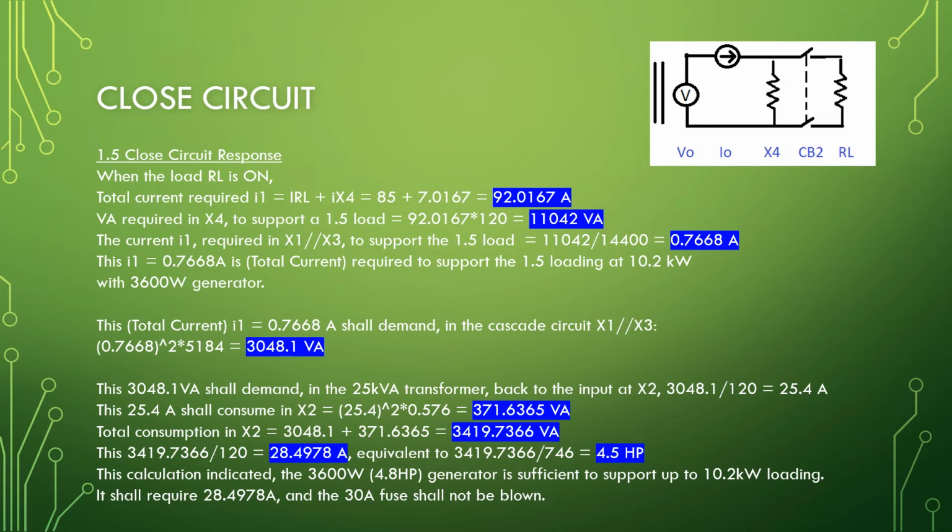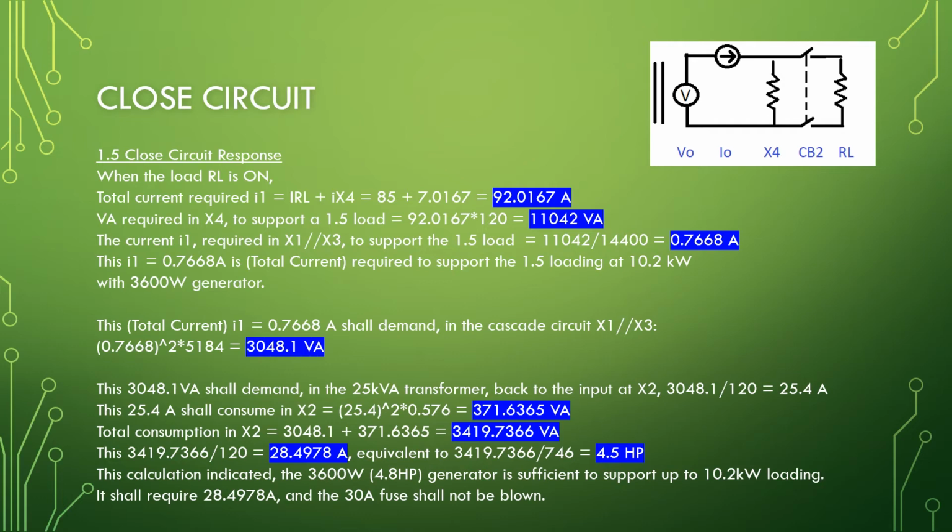This I1 equal to 0.7668 ampere is total current required to support the 1.5 load at 10.2 kilowatt with 3,600 watt generator.